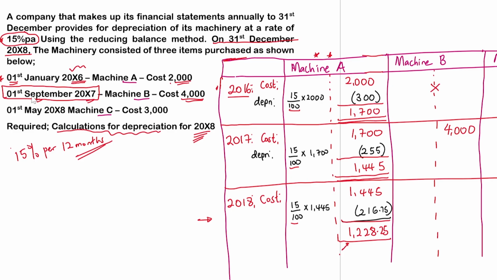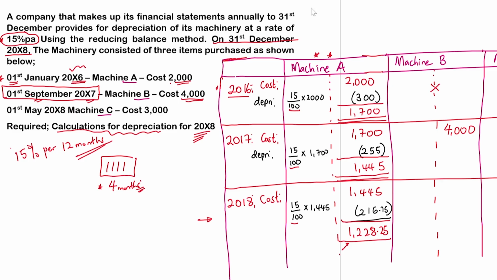So if it was bought on 1st September, we shall count September. It was there the whole of September, October, November, December. So it means this machine in 2017 was used for 4 months. So if it was used for 4 months, it means that as far as depreciation is concerned, we are going to only depreciate that machine for the 4 months it was existing.